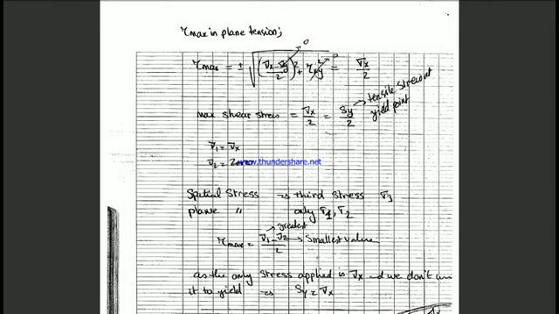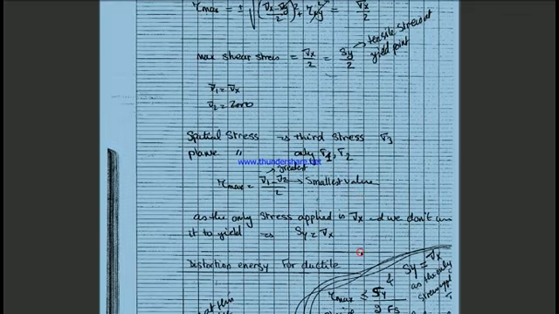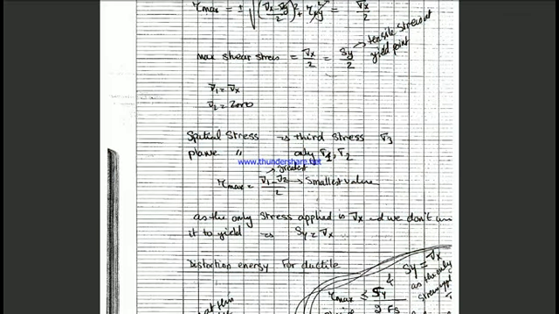And for maximum shear stress for ductile material, as we've seen before, tau maximum is less than or equal to Sy divided by 2, where Sy is the tensile stress at the yield point. So in this case Sy is equal to sigma x. That is the maximum shear stress for ductile material.